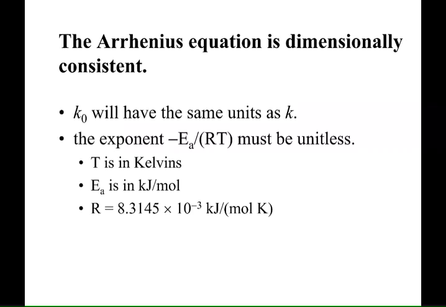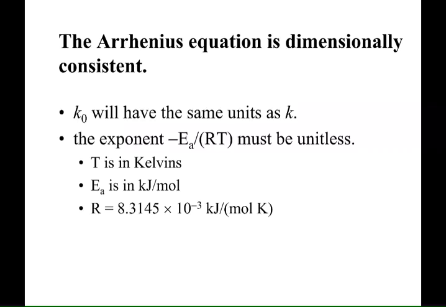That second term, that e raised to the negative Ea over RT, is unitless. But in order for that to be unitless, this power up here needs to be unitless, okay?